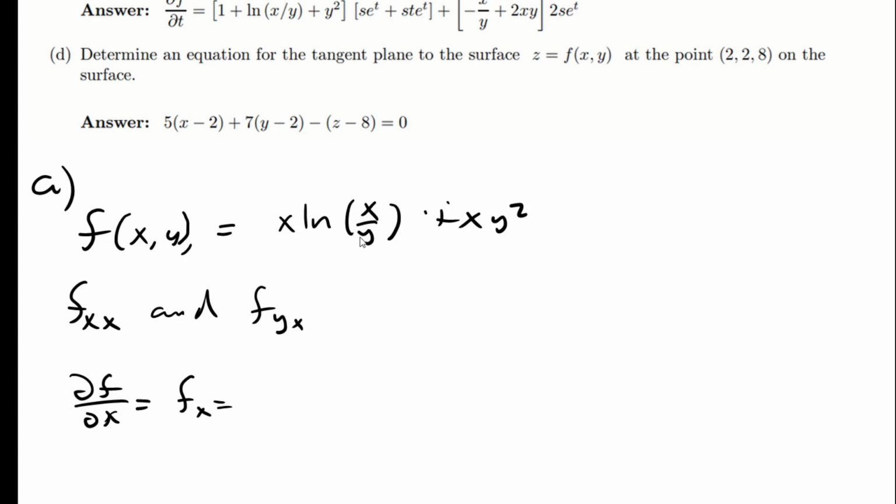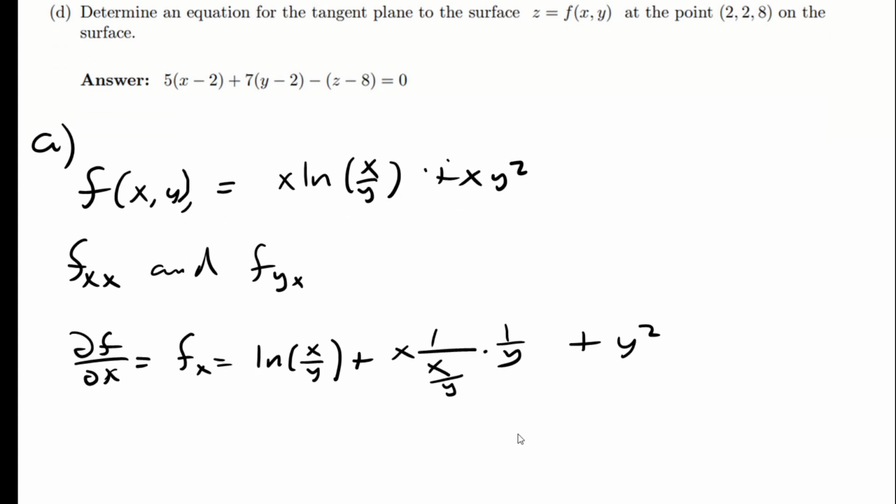So first term, I need to use the product rule. So this is going to be ln x over y, plus x times 1 over x over y times, I have to use the chain rule, 1 over y, plus derivative of the second term, this is just going to be y squared.